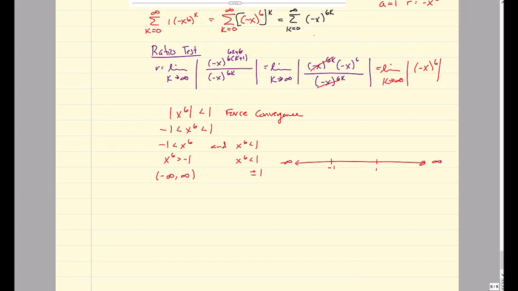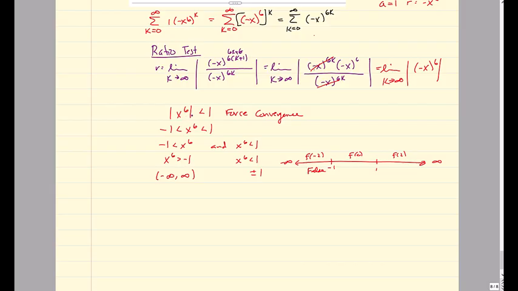So what I want to do is check values on these intervals to figure out what's going on, to see what's going to create a true statement here. So on the left part here, I'm thinking slope charts. We would do f of negative 2, f of 0, and f of 2. So if I plug a negative 2 back into my original, negative 2 to the 6th is not less than 1, it's greater than 1, so this is false.